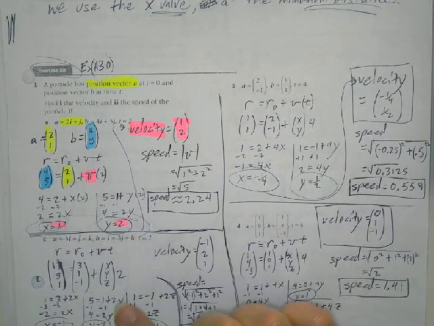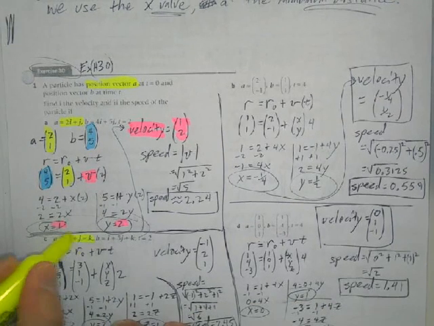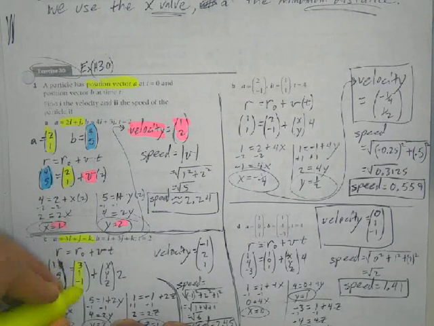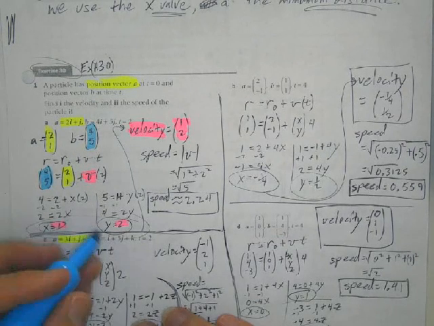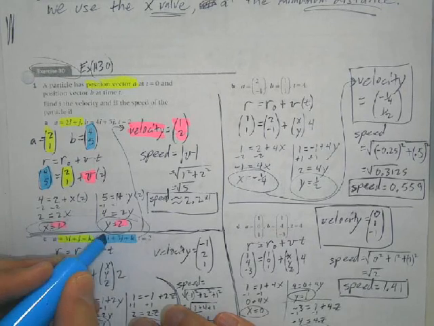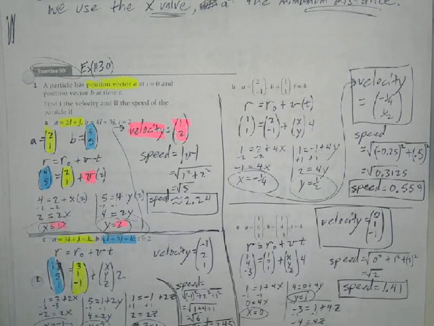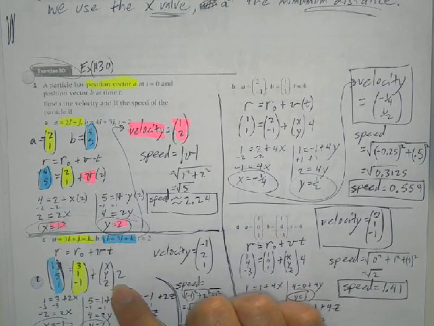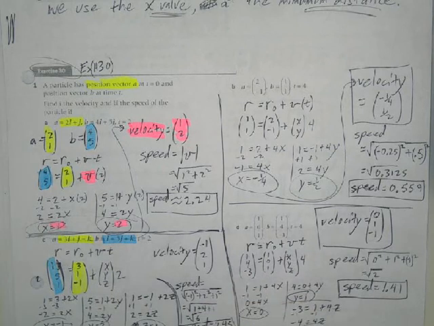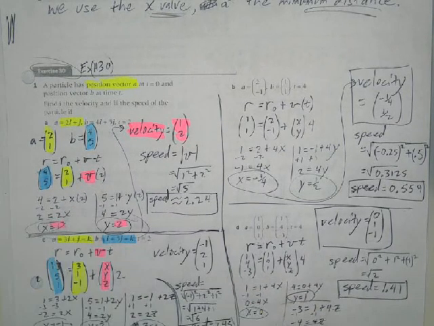My initial position is 3, 1, negative k. My B location, the resulting location, is 1, 5, 1. The time is 2, so I've plugged in 2 here, and we're trying to find the velocity vector.